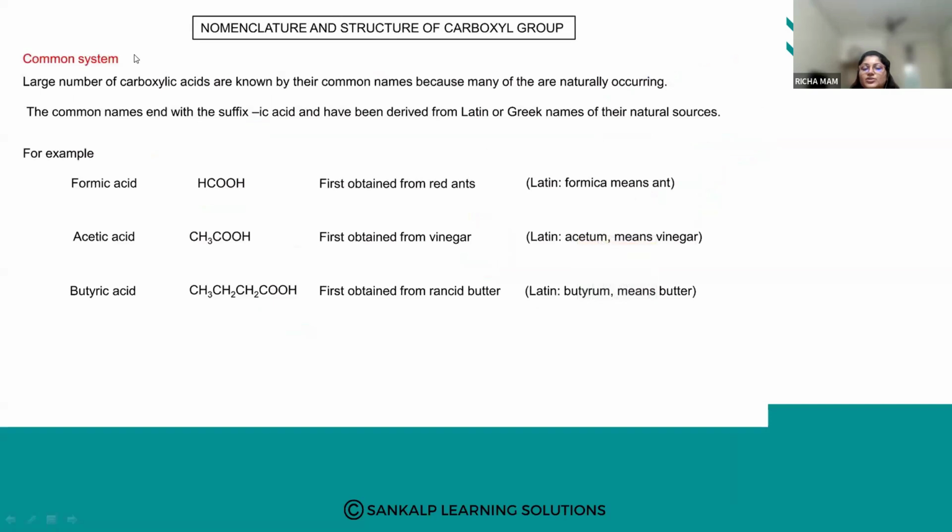Next, we are going to see the nomenclature, how to name the compounds of carboxylic acids. A large number of carboxylic acids are known by their common names, and many of these are naturally occurring. The common names end with the suffix, the ending name, ic acid, and are derived from the Latin or Greek names of their natural sources.